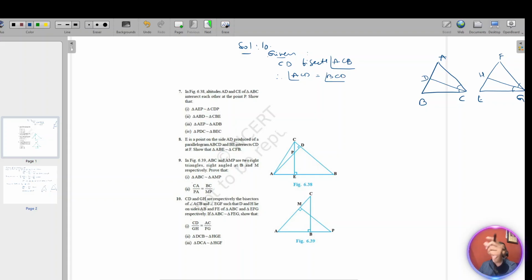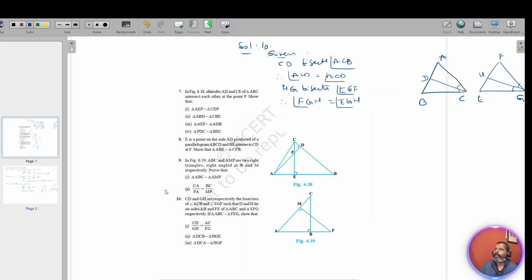Since angle bisector means parts of the angles are equal. Similarly, HG bisects EGF. That means, therefore, in similar ways, FGH equal to EGH. The parts are equal. Angle bisector concept.